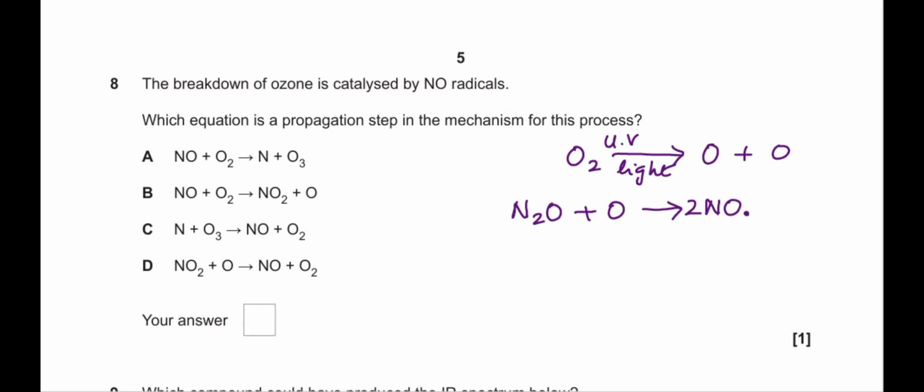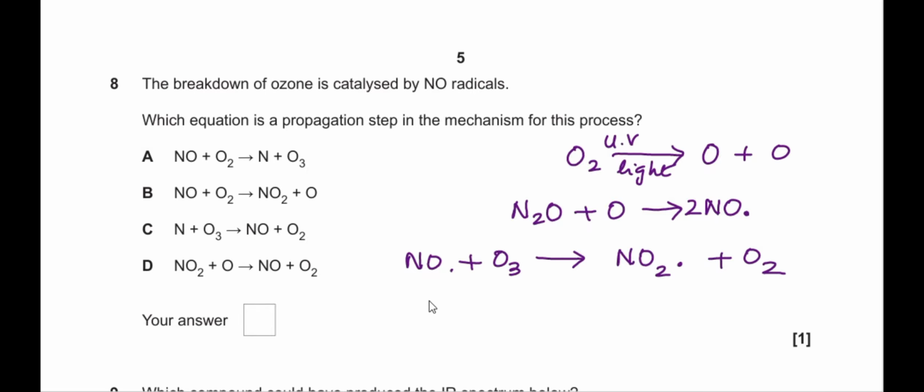There are 2 propagation steps, one in which the NO radicals formed from the earlier reaction break the ozone molecules into a nitrogen dioxide radical, which is an unstable intermediary, plus O2.